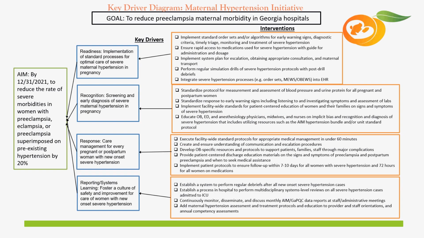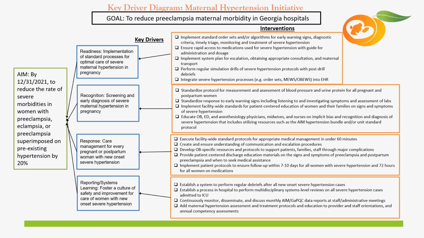Okay, so every month we want to just bring up the key driver diagram for this hypertension initiative, and to look at our aim, which is by 12/31/21, to reduce the rate of severe morbidities with women with preeclampsia, eclampsia, or preeclampsia superimposed on pre-existing hypertension, and we want that goal to be reduced by 20% from where we are currently.